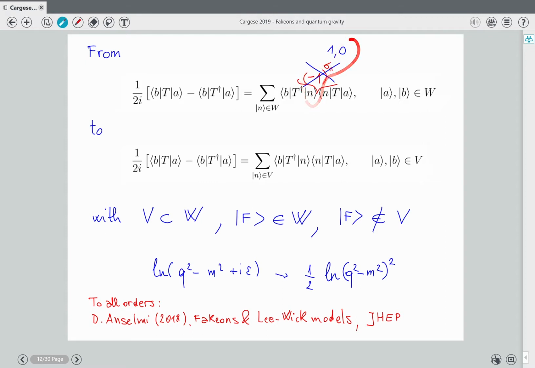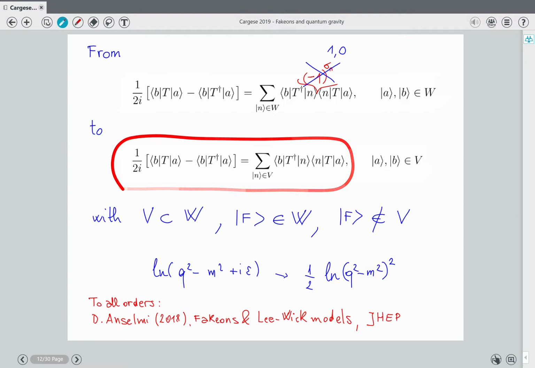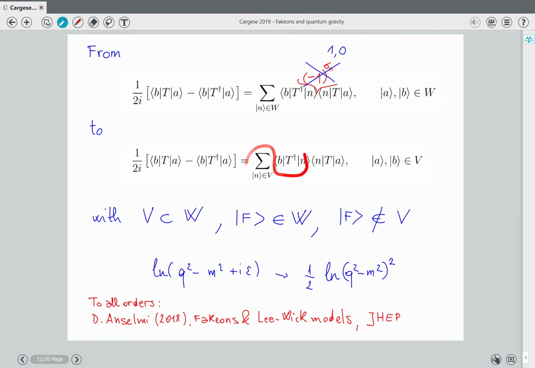The zeros can be projected away, so you restrict your Hilbert space, and in the restricted Hilbert space you will have the correct completeness relation. The correct completeness relation, however, will be only in the restricted space.